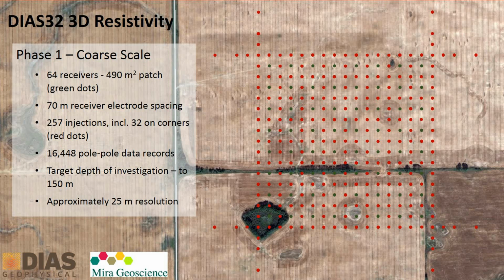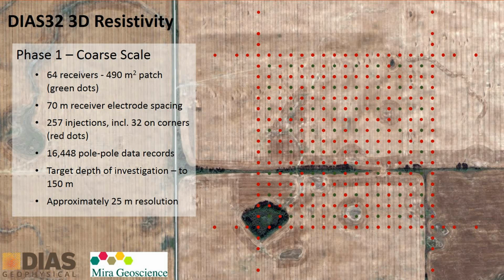And we injected 257 times. You can see corner shots just to fill in the information at depth underneath. So overall, we were acquiring about 16,000 pole data records, and I'll talk a little bit about the survey methodology later.